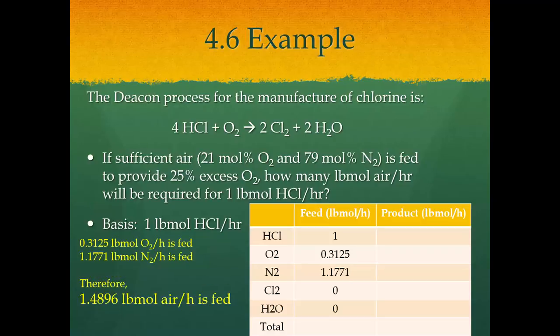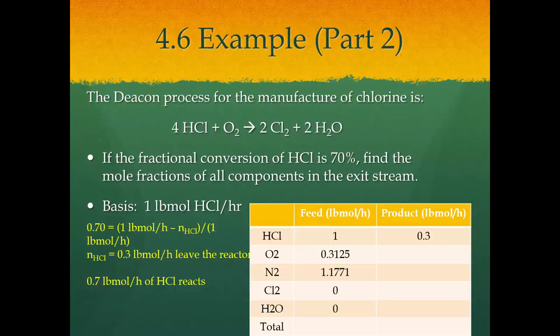So my total amount of air fed, which was what was asked for in this case, just add those two up, I get roughly 1.5 pound moles of air per hour. So roughly 1.5 pound moles per hour of total feed.